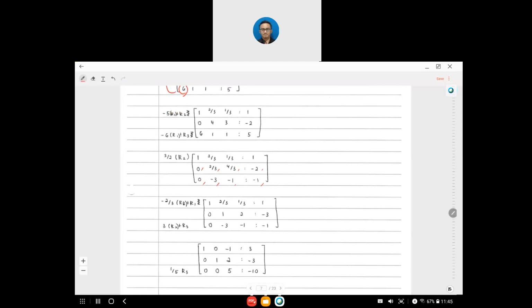To become here 0 by using row 2. Okay. And then awak akan, oh dia buat serentak ni. Dia buat sekali dengan yang ni. Tapi guna row 2. Boleh juga. Ni mesti tak suka cara saya ajar ni. Doesn't matter. Okay, so you can get 1, 0, negative 1, 3.